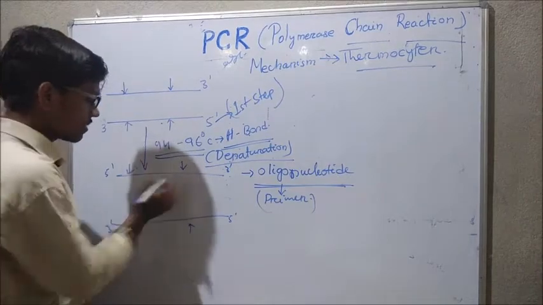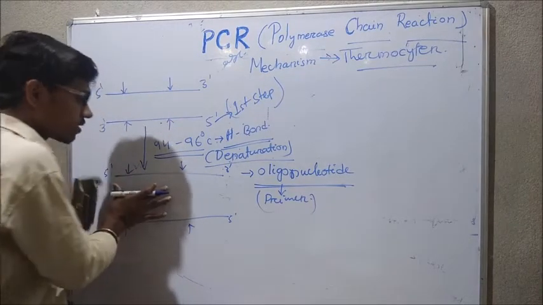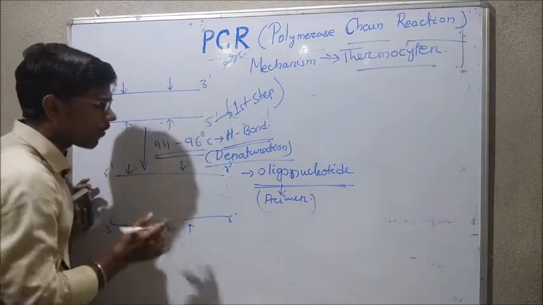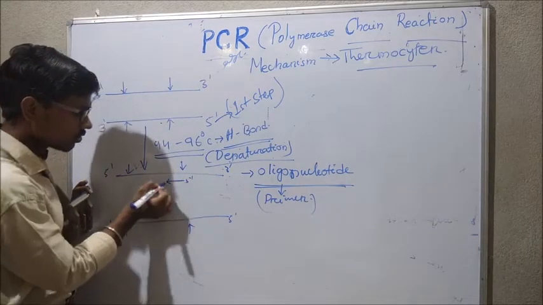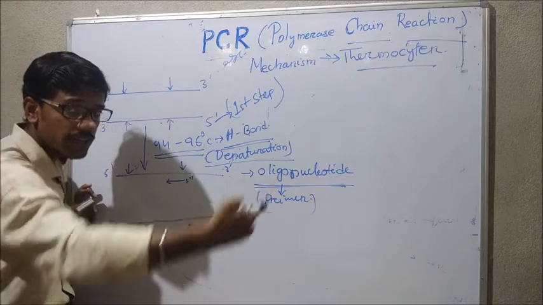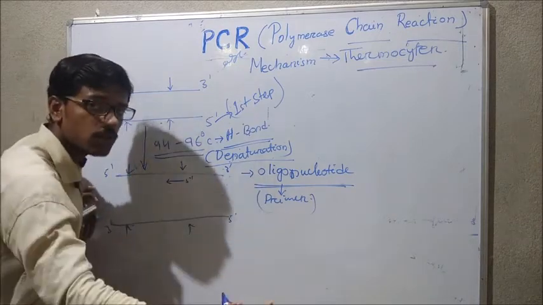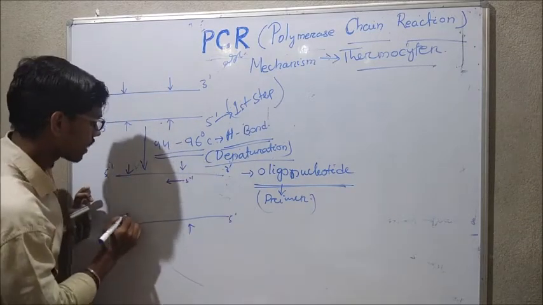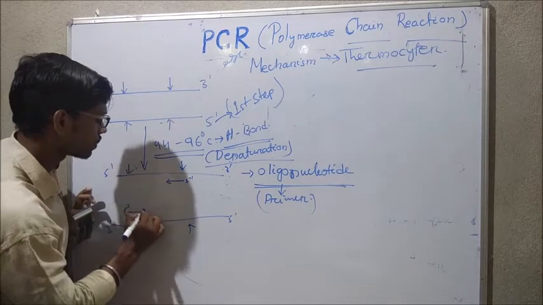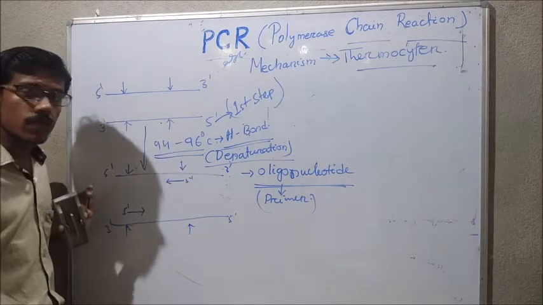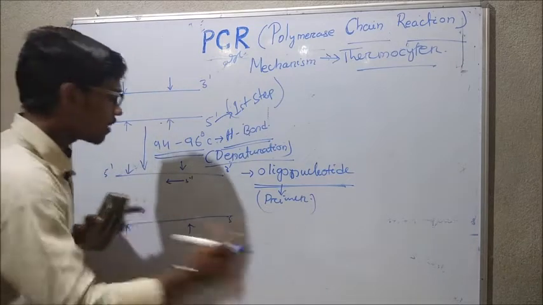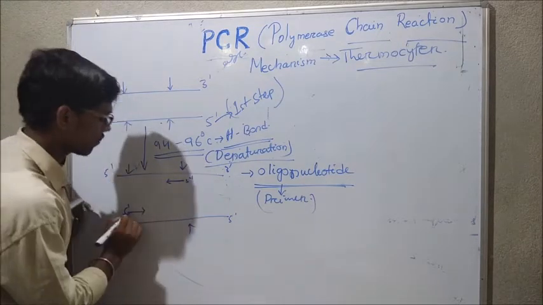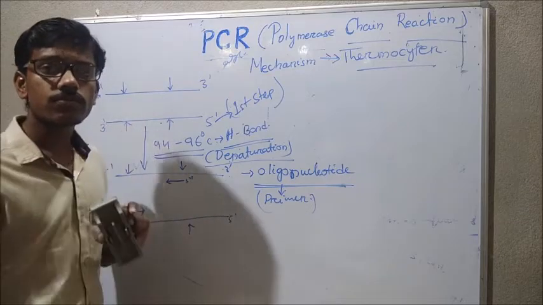In case of this DNA, the new strand will form from this direction to this direction, as you know that DNA replication occurs in the 5' to 3' direction. So here we will require two primers, one primer for this and another primer for this.